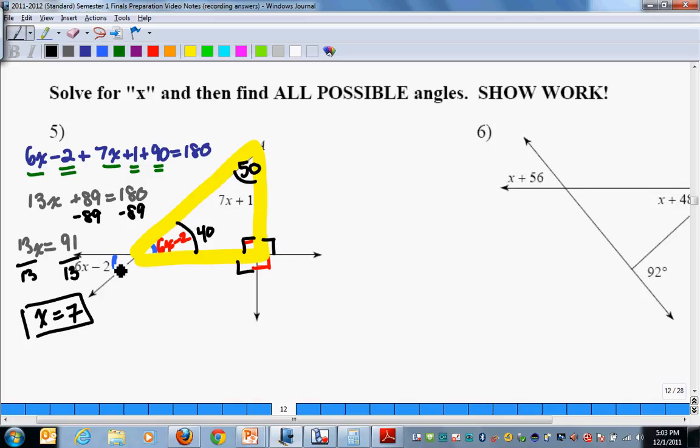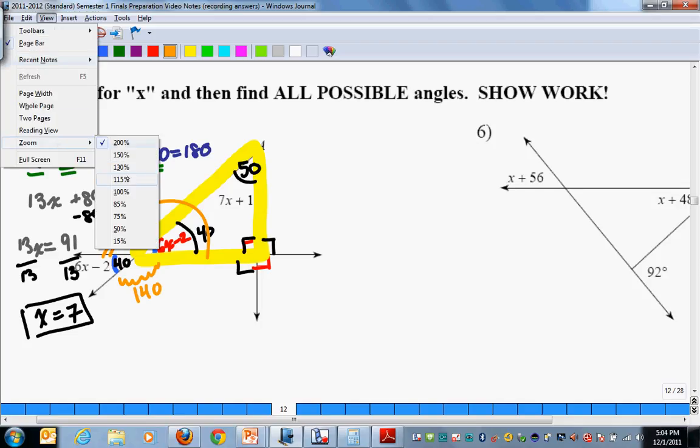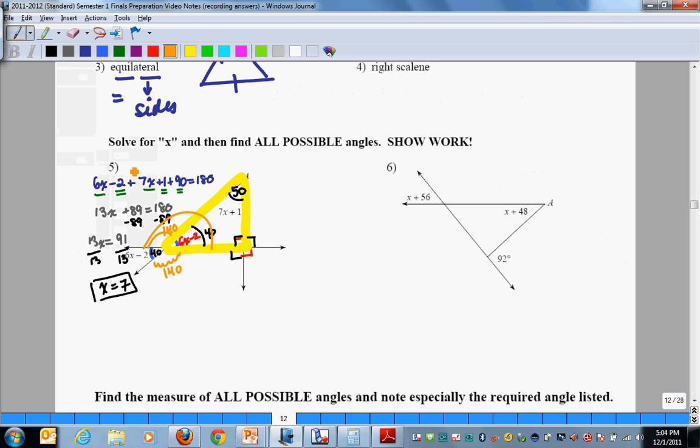That's 90. This here is 40. And then if you go like this, that's 180, which means this angle on the outside is 140. And this angle over here is 140. Now we have maximized and found all angles in this diagram.